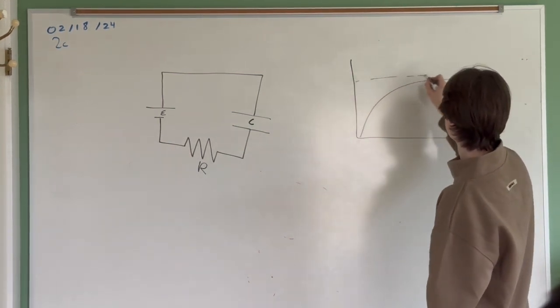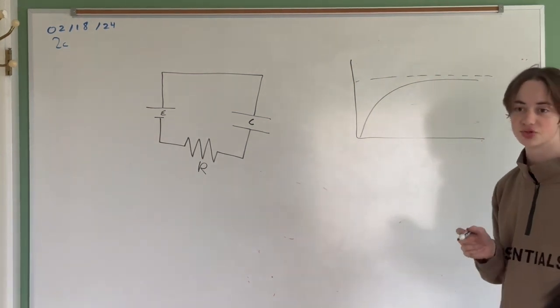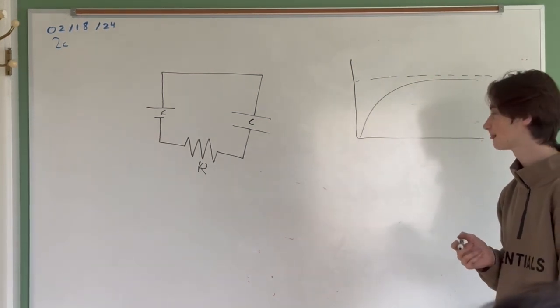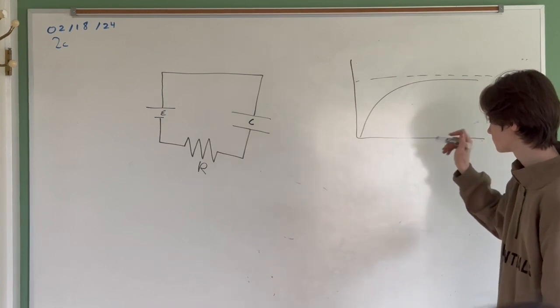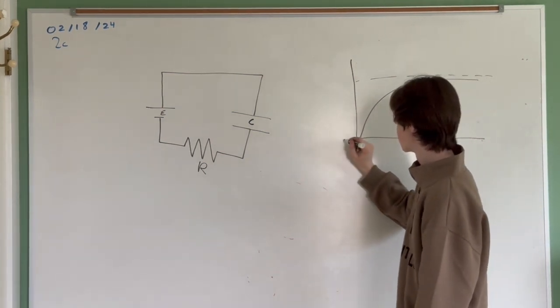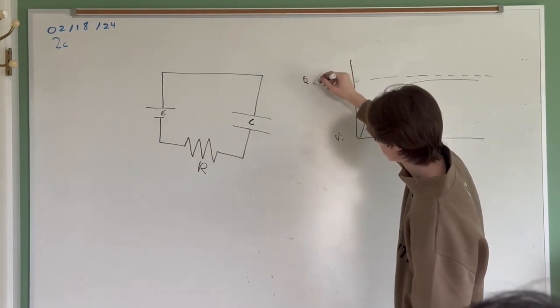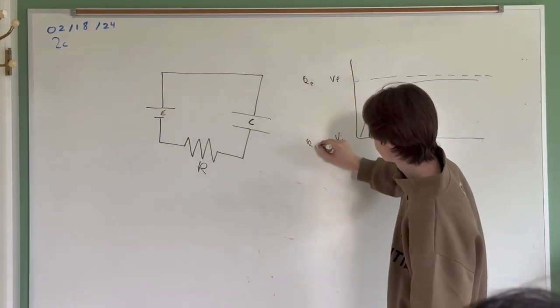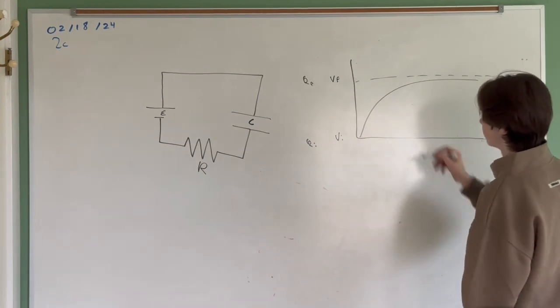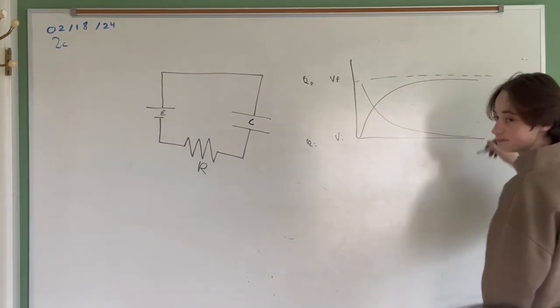It looks like this, similar to the one in chemistry. So this is the initial voltage, this is the final voltage, and the same with charge. And then you have current, which looks like this.